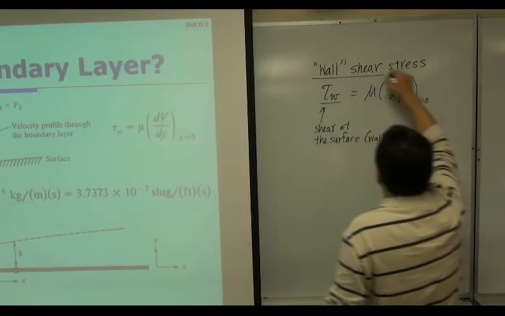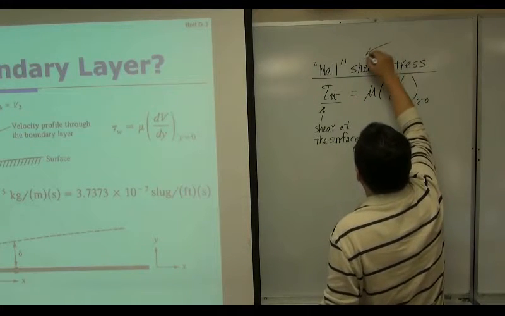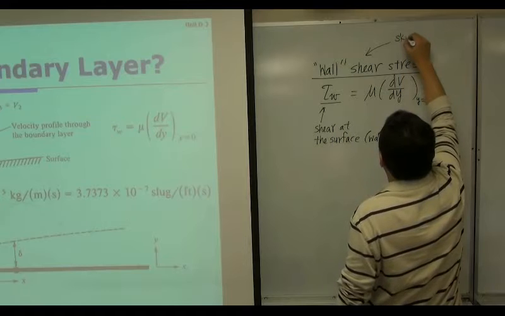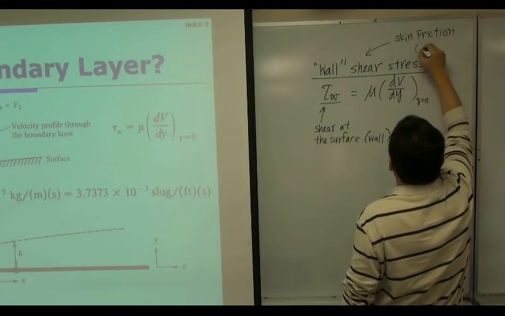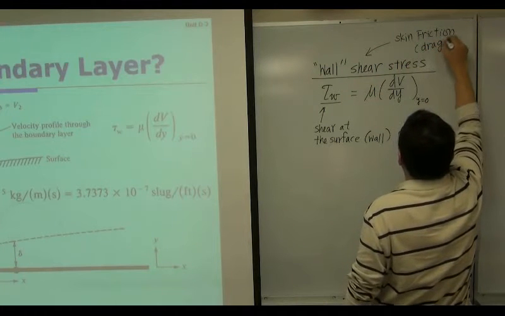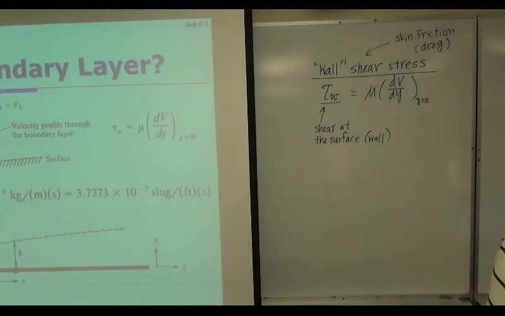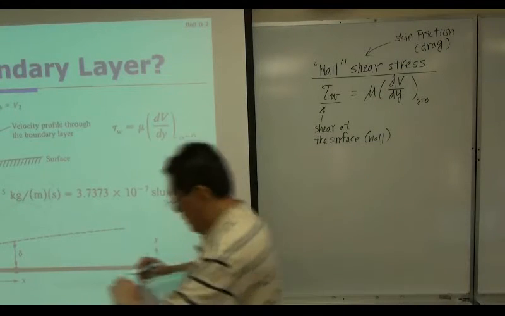This wall shear stress essentially produces the skin friction drag. This is the type of drag that you need to compute if you include viscous effects in aerodynamics.